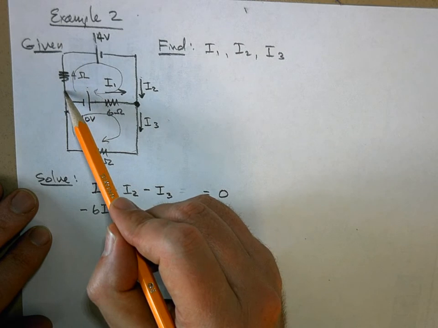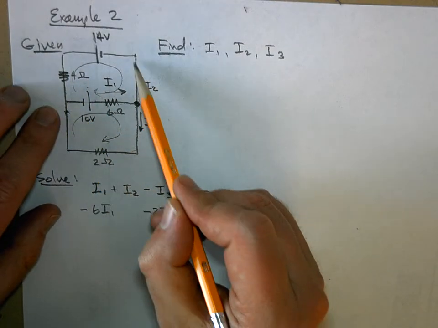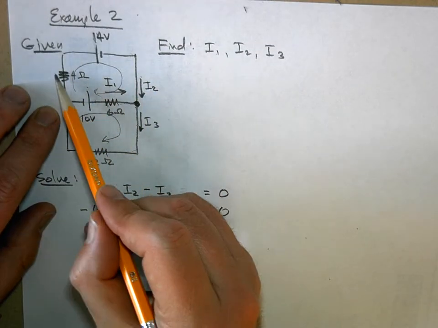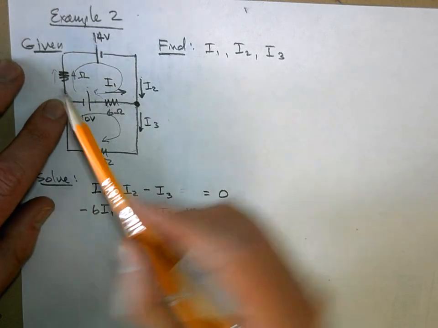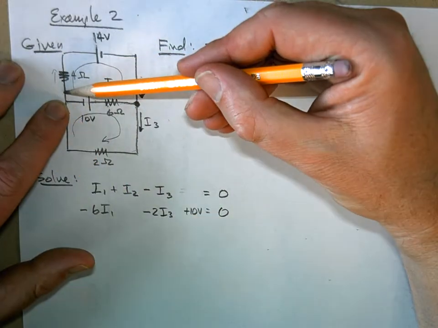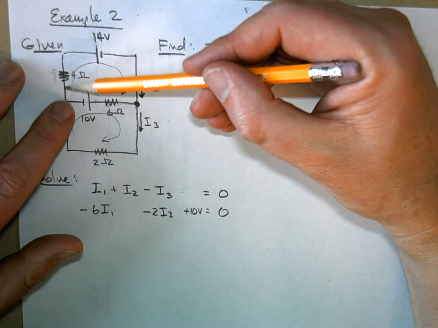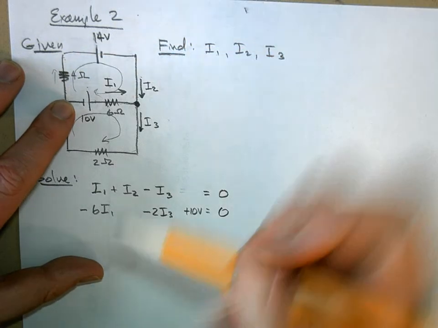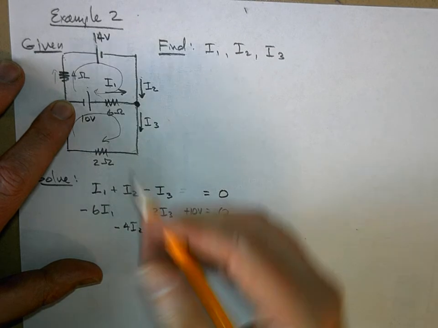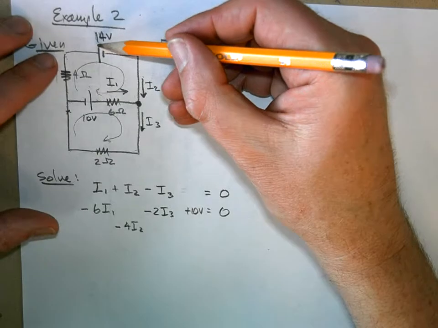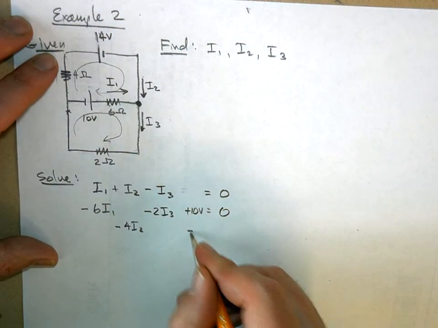I'm going with I2, so this is going to be a voltage drop because I'm going with the current. So this is going to be minus 4I2. And then I get here. Oh, I'm jumping down. Minus 14 volts.